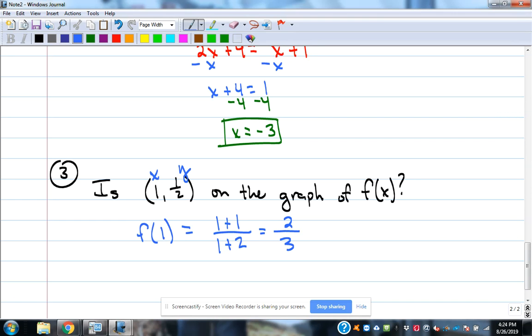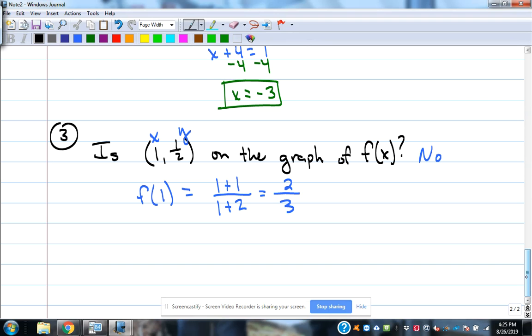Remember, if it's a function, this x can't give me 2 different y values. x's can't repeat. So 1 is either equal to 1/2 or it's equal to 2/3. Well, when I plug it in the math, it's equal to 2/3. So that tells me this is not on the graph. Just doing function value is all I'm doing to do that. It seems like an obscure question, but it's really just a function value question. So the answer to that would be no, it's not on the graph.